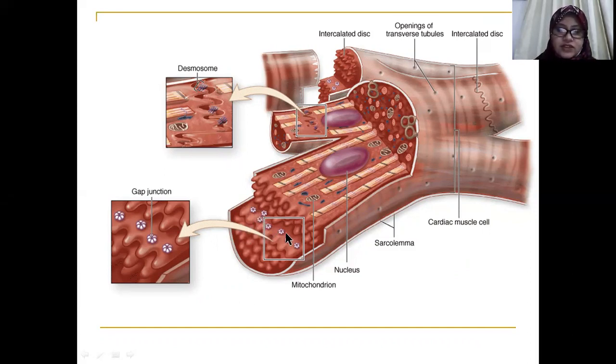These gap junctions help to transfer ions from one cell to another cell, and the desmosome helps to prevent the cardiac muscle fibers from pulling apart during contraction.